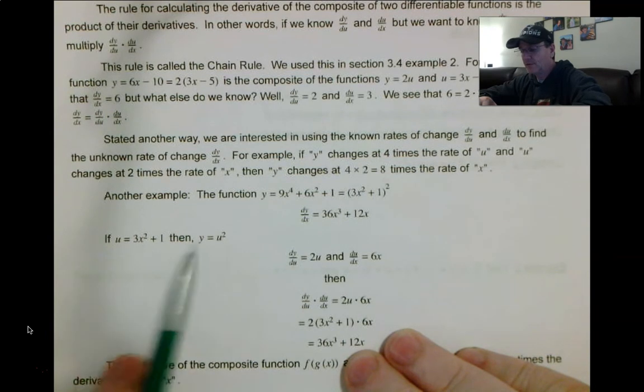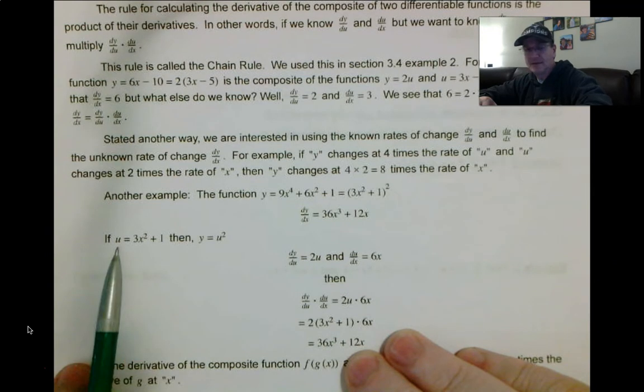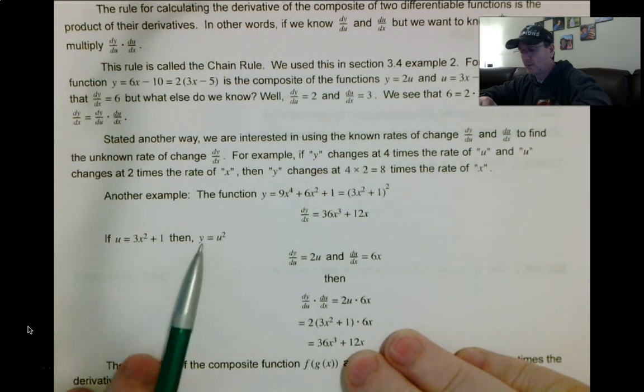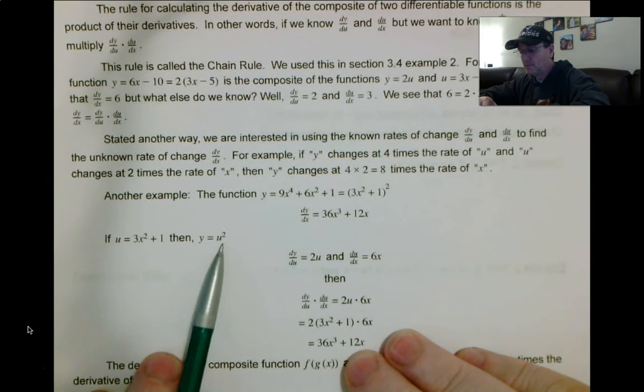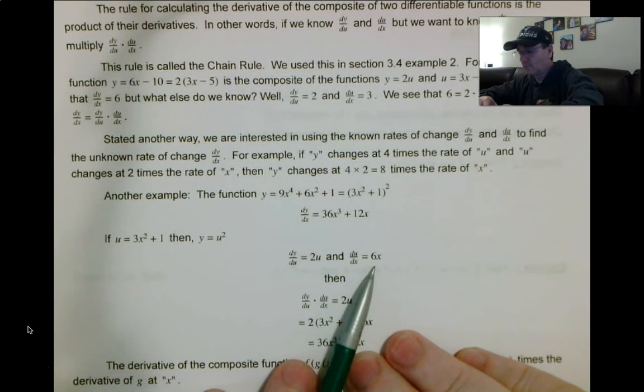We can find the derivatives of each of these. We can find dy du with respect to u. We can find du dx, the derivative with respect to x, pretty quickly. Dy du is 2u, power rule. Du dx, 6x, pretty quick.